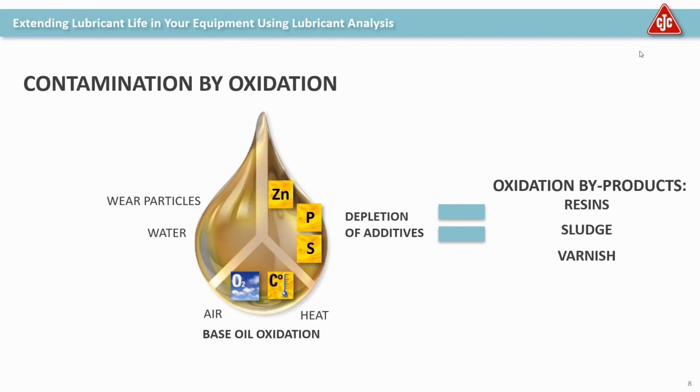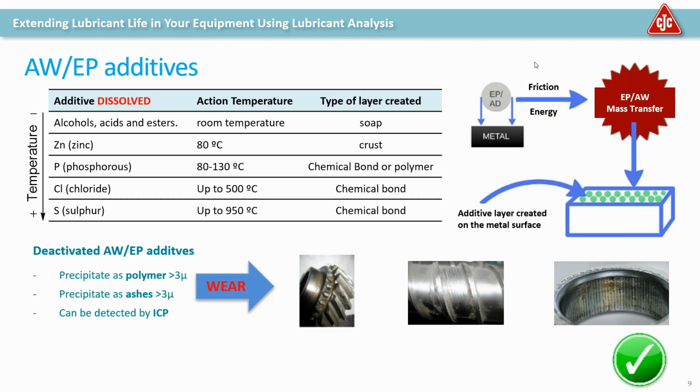And what I want to do is show a slide here talking about anti-wear additives. By design, these will actually put down a layer on frictional surfaces. And I'll just share here some information about that, a lot of information here. But again, these are additives that are dissolved, and they will become deactivated at some point by laying down this additive layer on the metal surface.